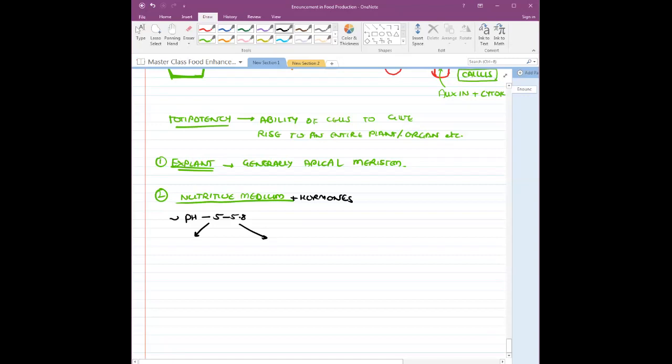You are going to see that this nutritive medium could be of two types. Generally, if it is liquid, we call it broth. Which medium are we going to use? There are two: one is Knop's medium and one is Murashige and Skoog.